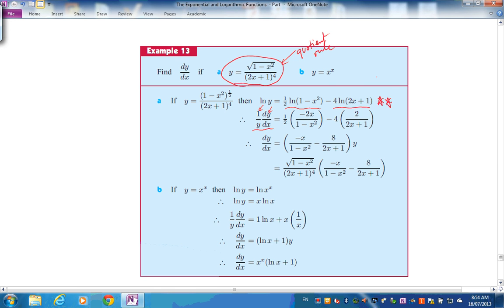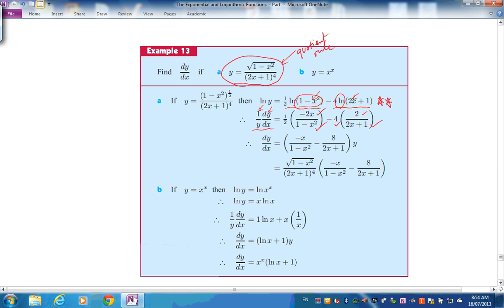The derivative of ln is 1 on, 1 take x squared, then multiply by the derivative of this, which is neg 2x. Then take 4, derivative of ln is 1 on, and then multiply by the derivative there. So it does become quite a bit simpler to work with.